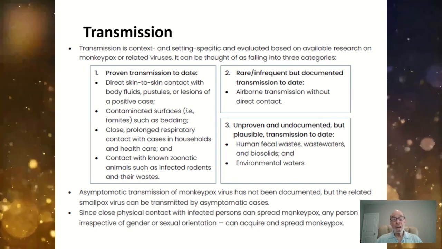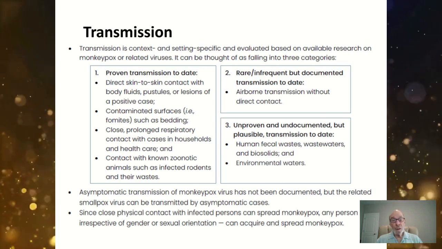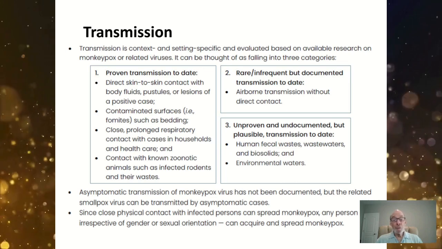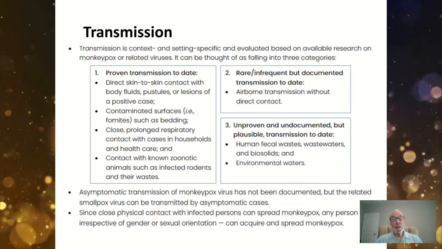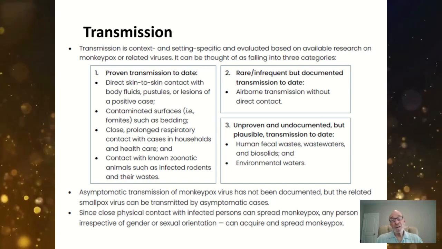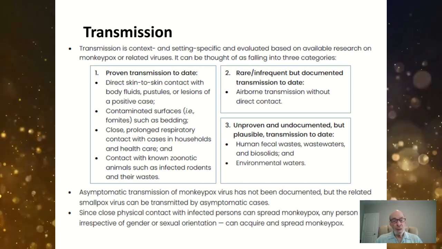At this point, there's no evidence that this is transmitted by wastewater or water or human fecal waste. So those are unproven routes of transmission, but we are concerned about it because, as this virus has appeared in new places, it could be a concern to the water and wastewater industry.